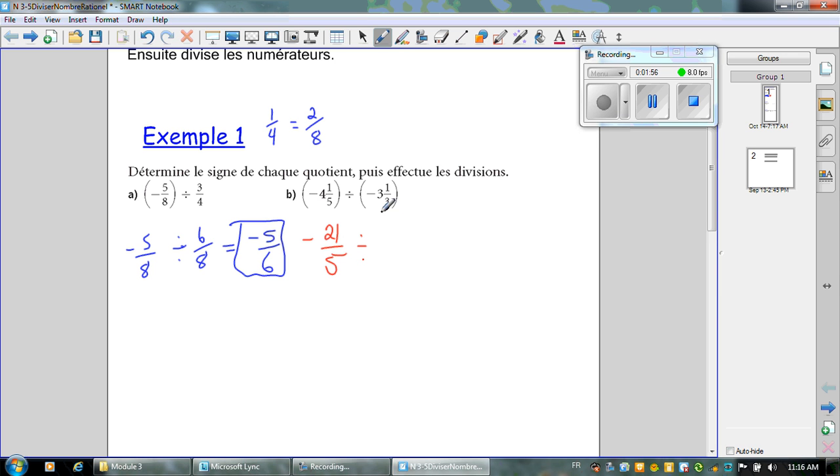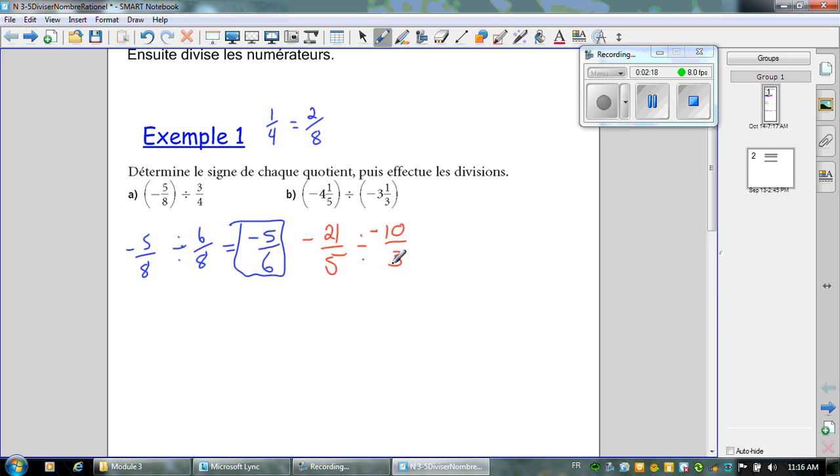I'm dividing that by how many thirds? I have 1/3, but I also have 3 wholes. One whole is 3/3, so 9/3, and another third makes 10/3, and that's negative. So I'm dividing two negatives. I know my answer is going to be positive, so you don't want to forget that.